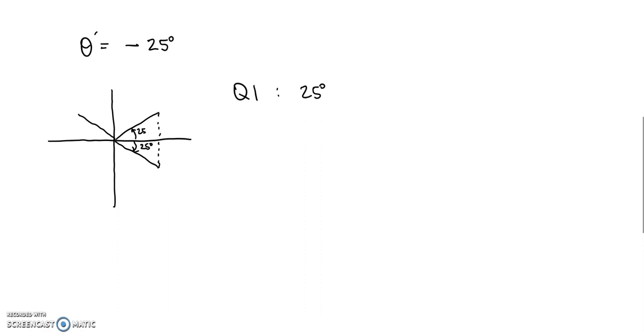In quadrant 2, this is the theta that I want, so I'm going to do 180 minus 25, and that's going to give me 155.